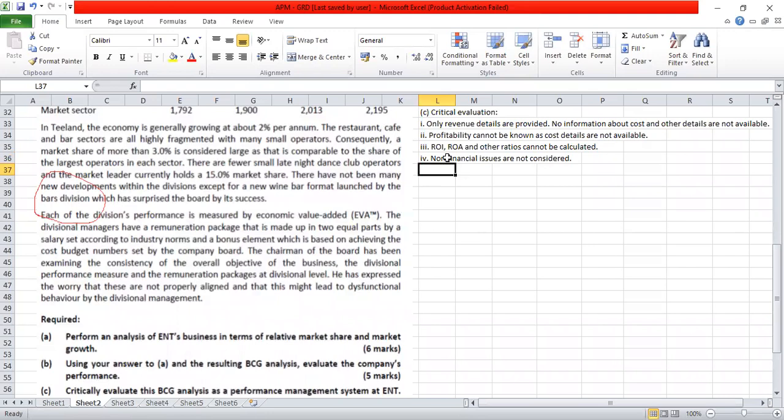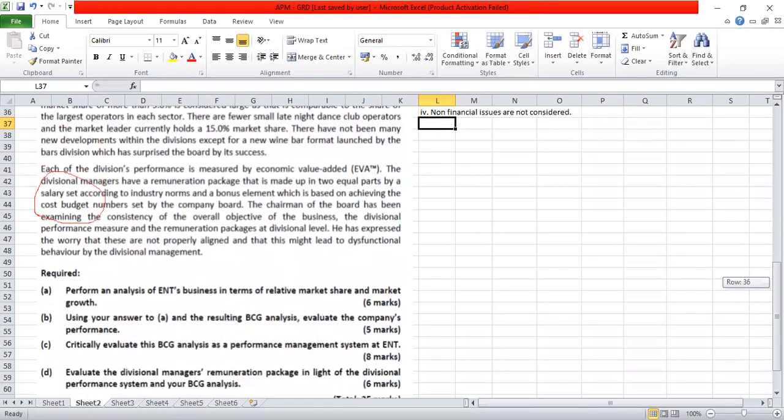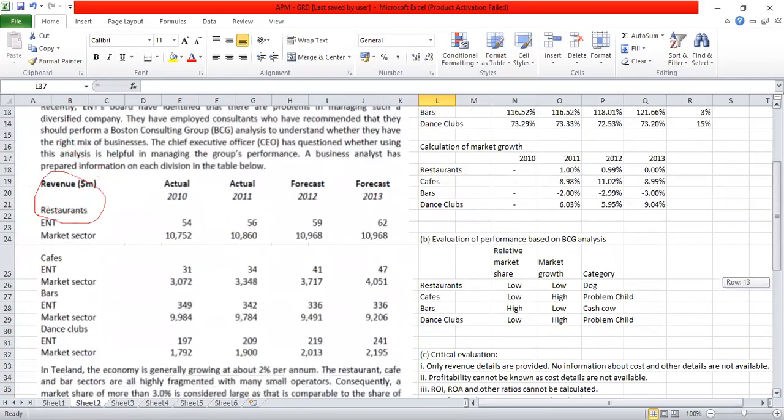This is in general, but certain other things we also have to talk about, because it's a critical evaluation of the BCG matrix. There are four categories: dog, problem child, cash cow, and the other one in this particular question also falls into the category of problem child. See, what should be done with dogs?